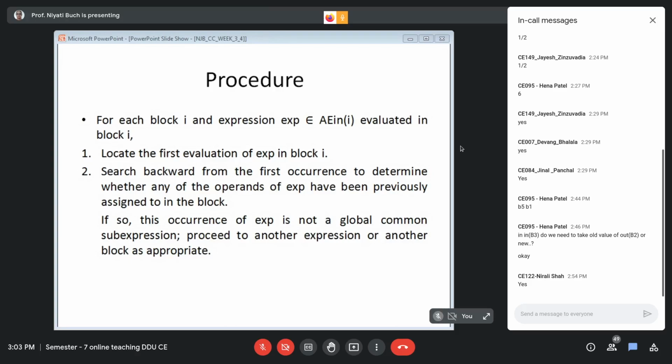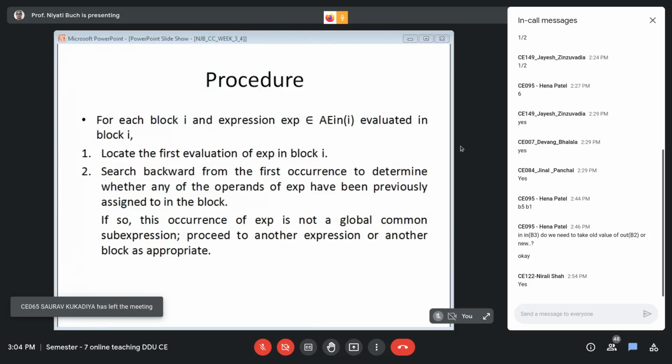Now, for each block, the expression that is part of A E in of that block is evaluated in the block. So the available expressions naturally are going to be evaluated in that block, right? Now locate the first evaluation of the expression in block i.